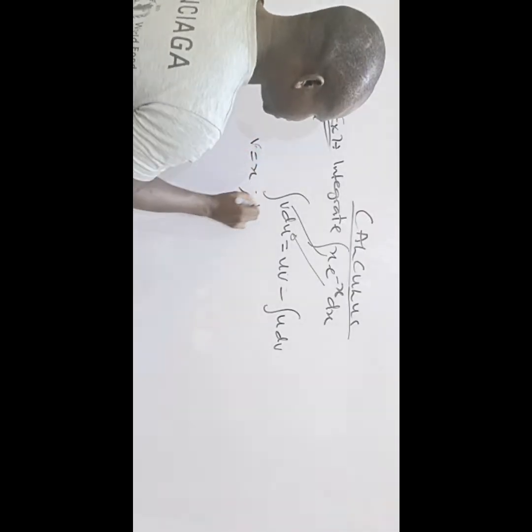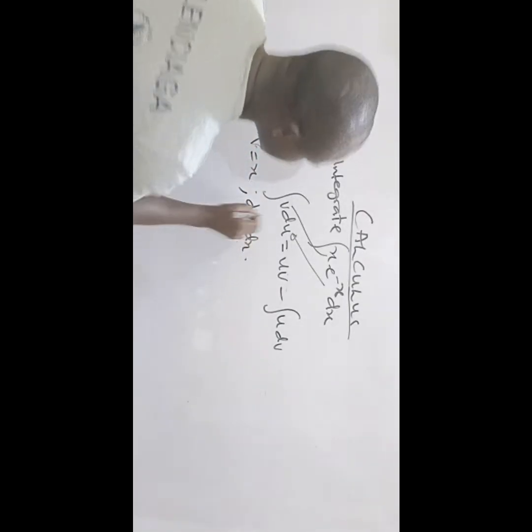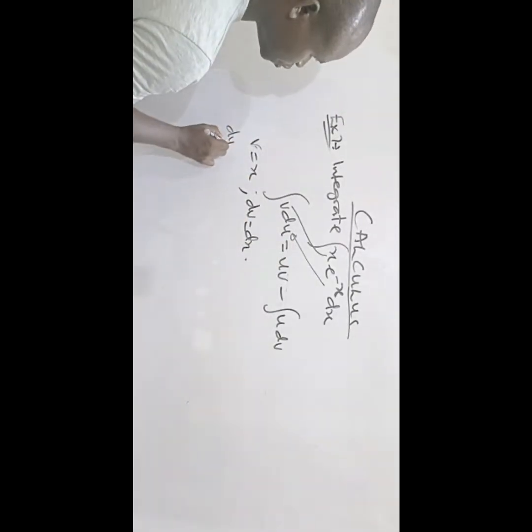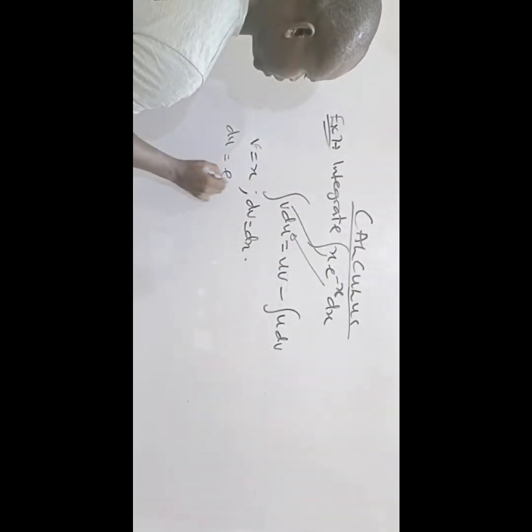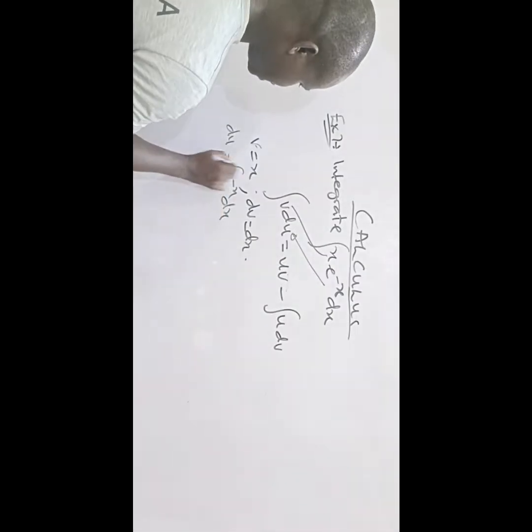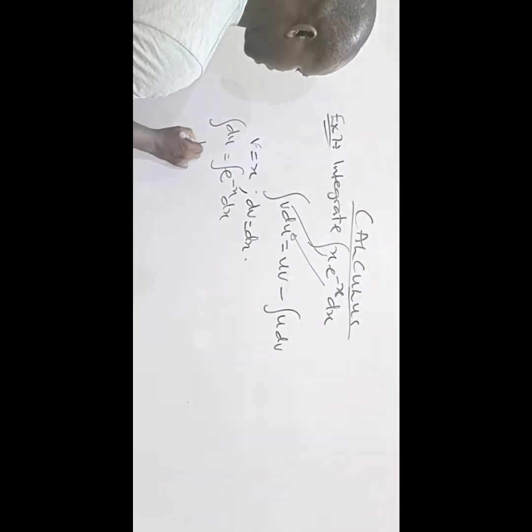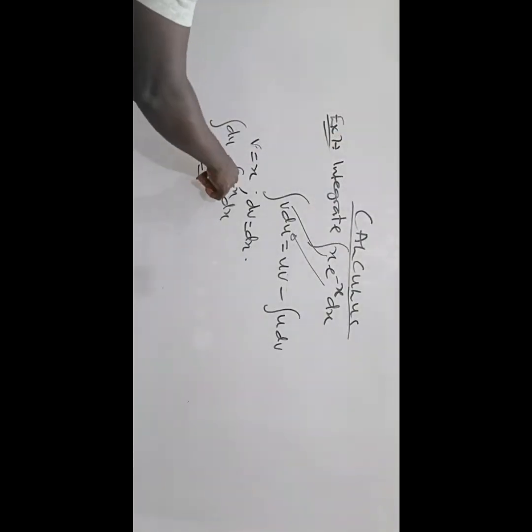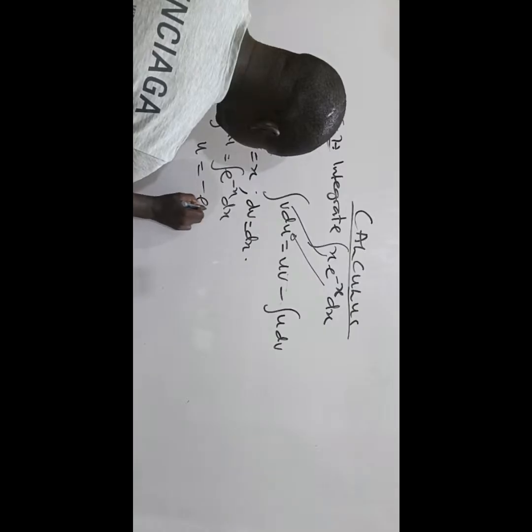If v is equal to x, then dv is equal to dx. Then at the same time, du is equal to e minus x dx integral. When we integrate du we get u. If we integrate this, the derivative of this is minus 1. So we are going to get minus e minus x. That's what we are going to get.